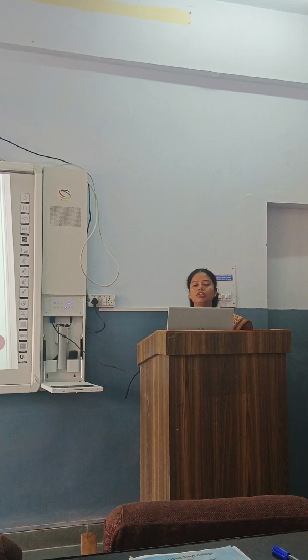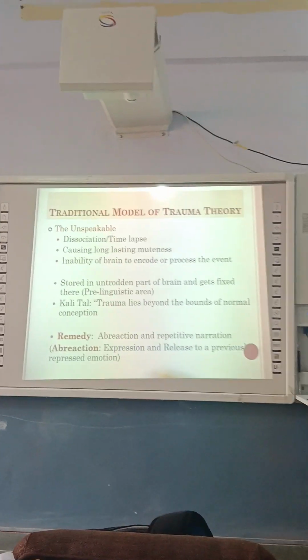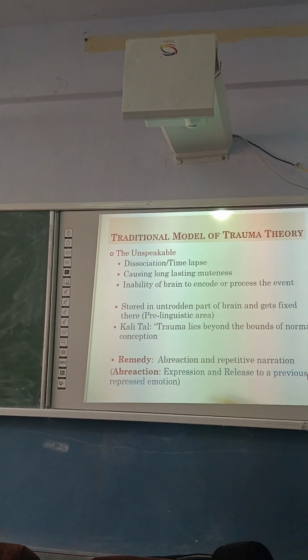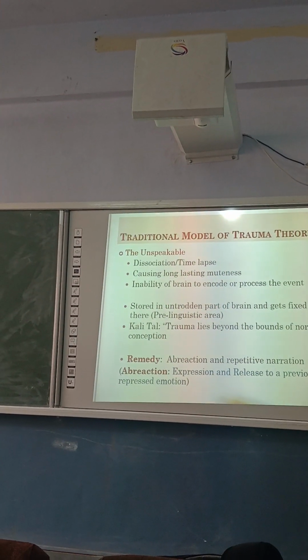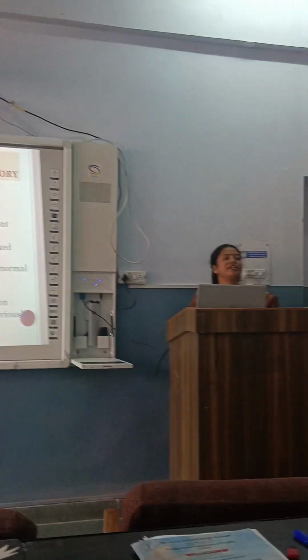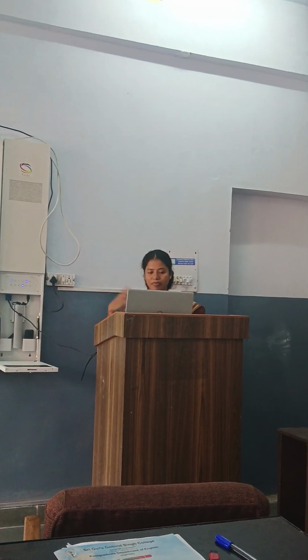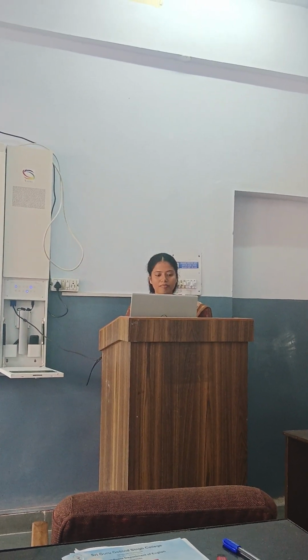Now, what is the traditional model of trauma theory? It says that trauma is unspeakable because the human brain is unable to encode or process the traumatic event, and hence, as a defensive mechanism, it uses dissociation. So there is a long muteness on the part of the traumatized character.